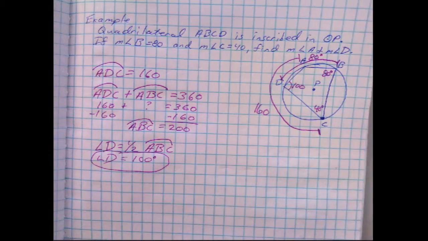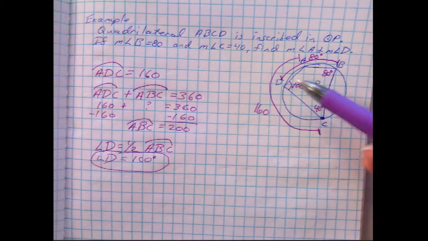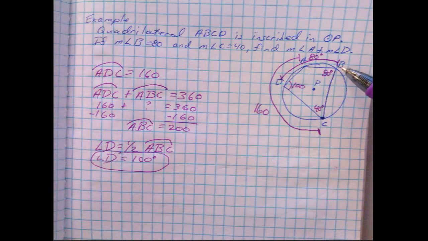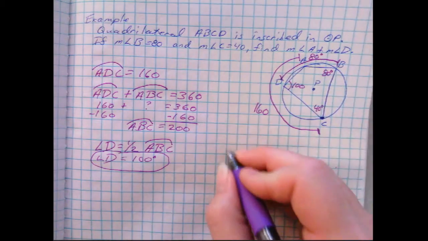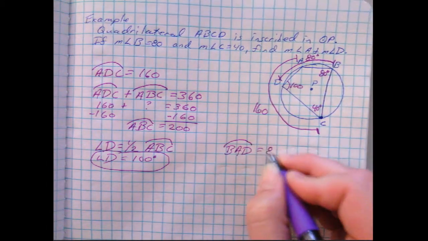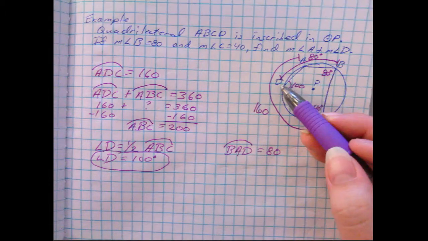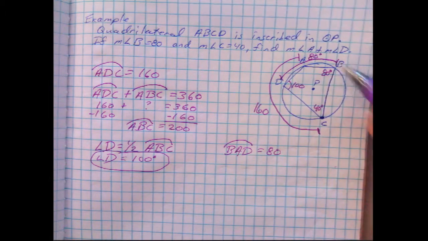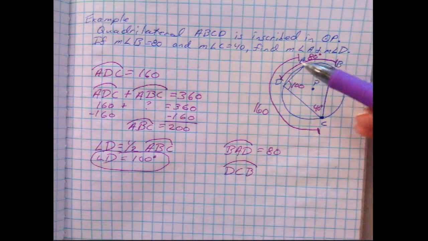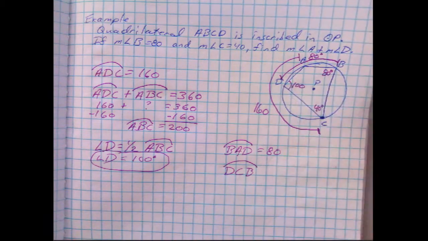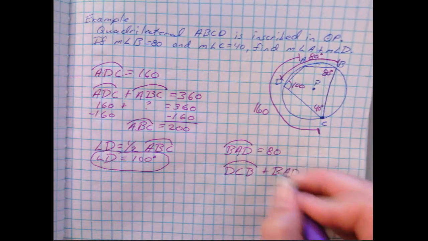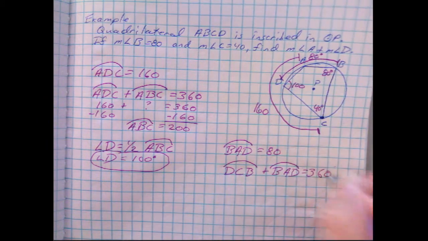Now let's look at A. We said this arc BAD equals 80, and DCB is the one that A intercepts. If we add those two together, just like we did over here, we get 360.